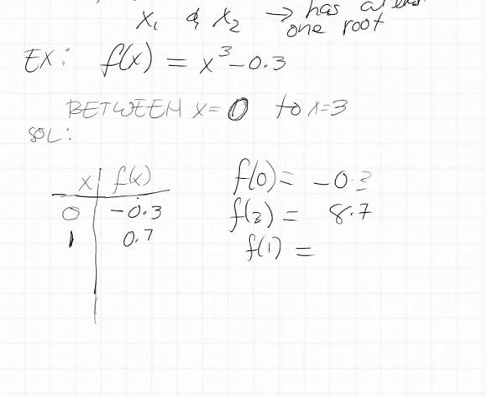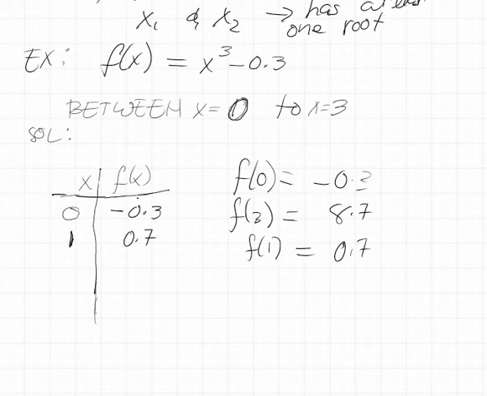From this, you don't need to continue calculating 2 and 3 because we already did that and found out that there's no root between 1 and 3. We also found out that at 1, it's positive, 0.7. So this means that there's a root between 0 and 1. The root of this function is lying between x equals 0 and x equals 1.